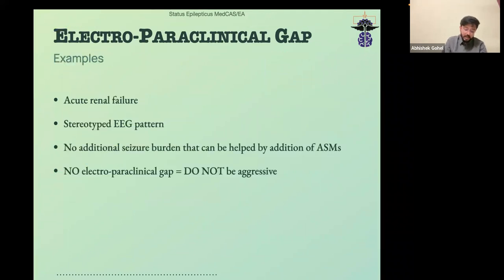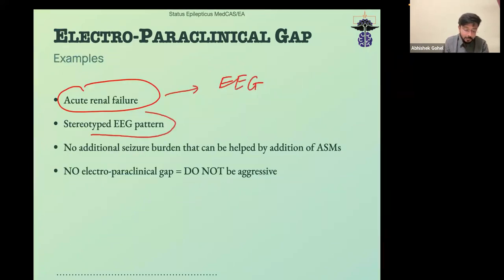Say, for example, you have a patient of acute renal failure and you do an EEG. It has a typical stereotyped EEG pattern, which you expect in a case of acute renal failure. At this point of time, there is no electroparaclinical gap.